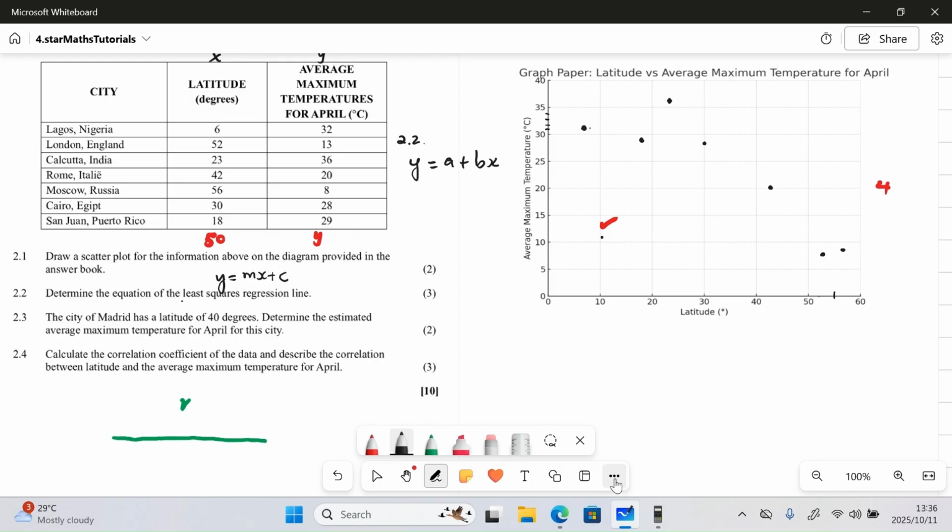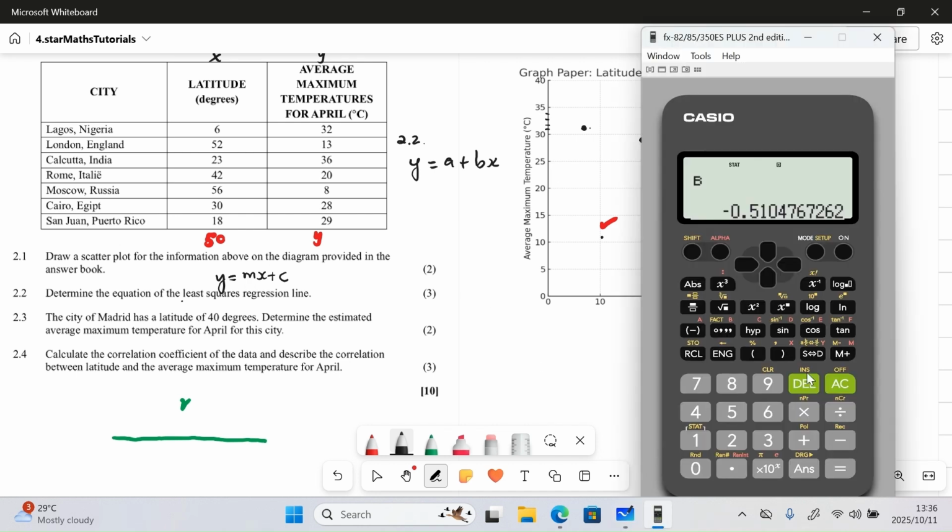So we are going to use our calculator to determine the value of a and the value of b. Remember we have entered the data. So we're still going shift option number 2. Then because we are doing statistics for grade 12, we are looking for the value of a and the value of b.